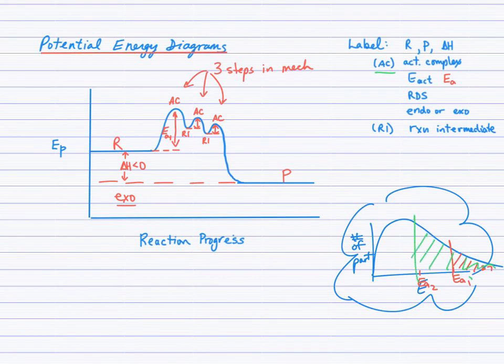And so the higher or larger activation energy corresponds to a lower percent of effective collisions, which is then going to lower our rate. And so we would expect step 1 to be the slowest step. So the rate determining step is step 1 of the mechanism.